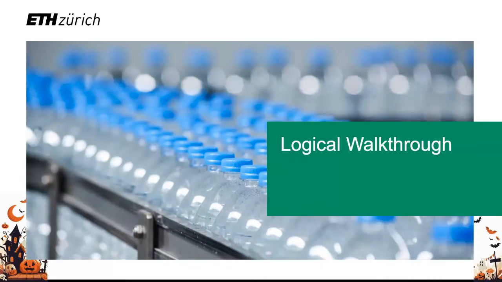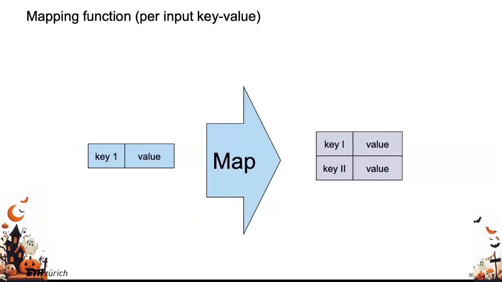So now I'm going to walk you through the logical walkthrough of a MapReduce query. I insist on logical. This is data independence, right? As in every week, I'm first showing you the logical level, and then we'll get to the implementation, right? So on the logical level, you basically have this collection of input key values, and you have a map function that takes an input key value and produces 0, 1, or more intermediate key values.